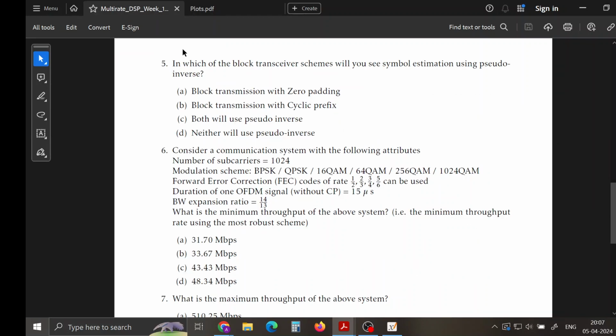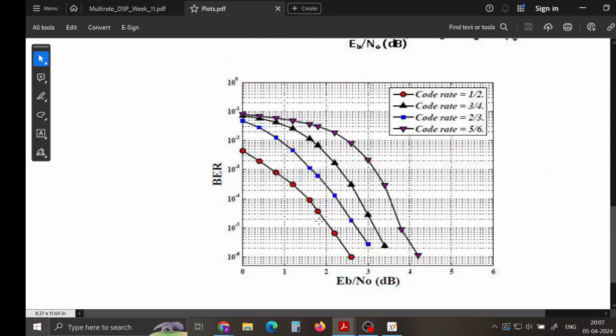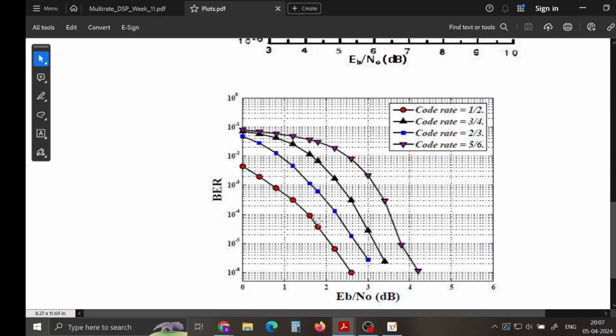So you see that, and in fact I have another plot also. So this is also taken from the internet, and you see for different code rates, I think this is for a BPSK scheme only, a performance has been plotted of bit error rate. So you see that the code rate half has the best performance.